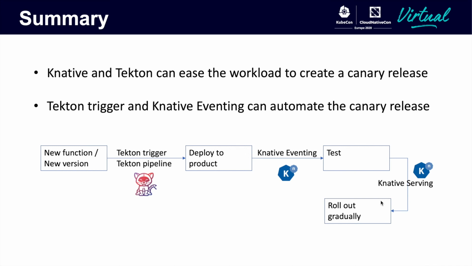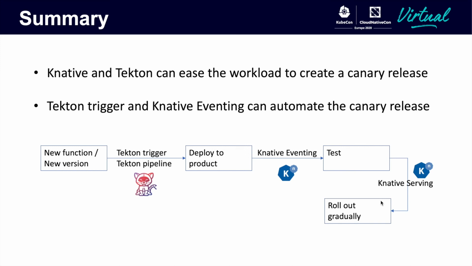With Tekton trigger and Knative eventing, you can make this pipeline more automatic. The pipeline is triggered by a GitHub commit event. With the API server source we mentioned in Knative eventing, you can monitor the creation of a Knative revision and trigger automatic testing. I don't include this part in my demo, but surely you can implement it.